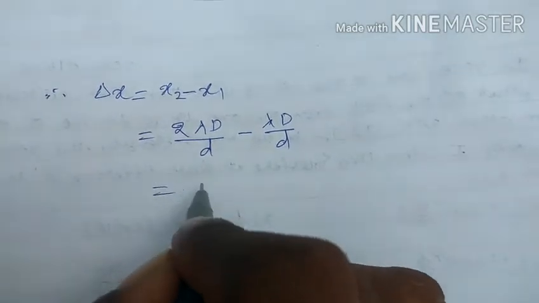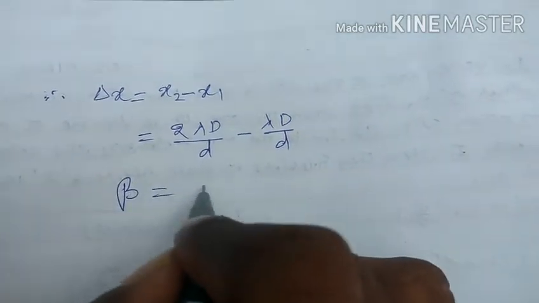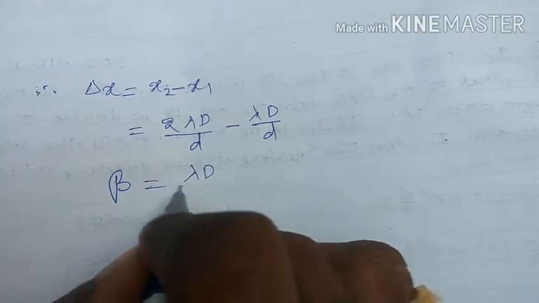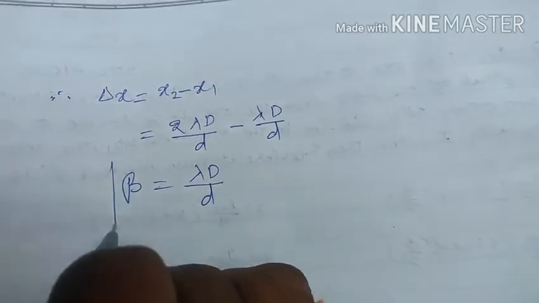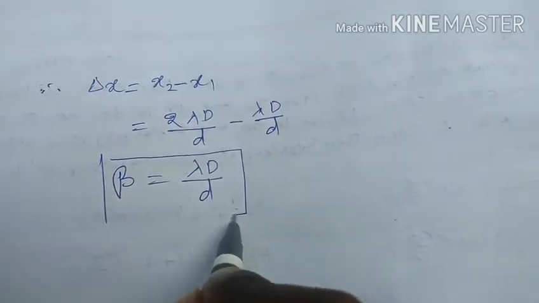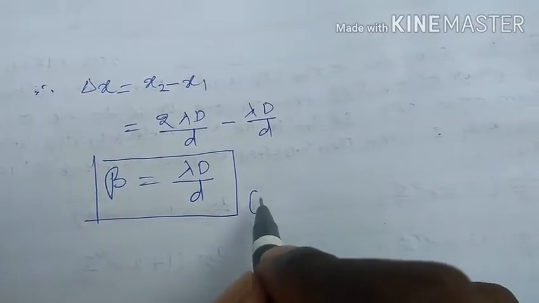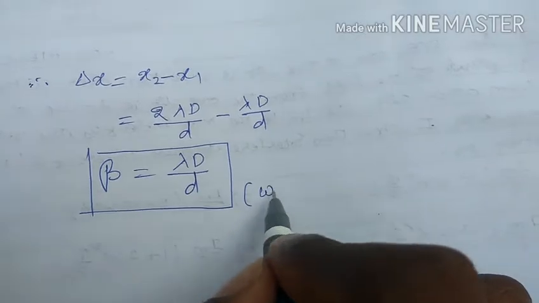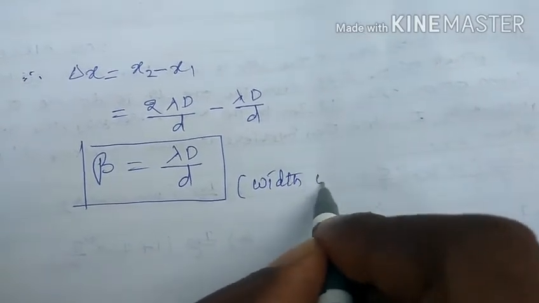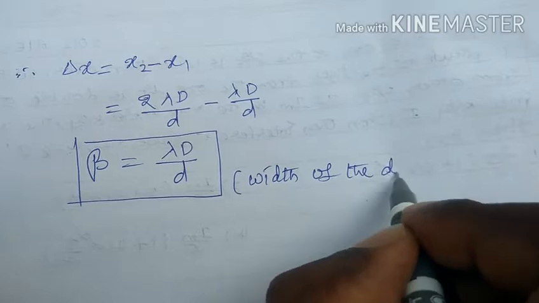It is nothing but beta, that is lambda D by d. So this is the bandwidth, the distance between two successive bright bands. So it will be given to us the width of the dark band.